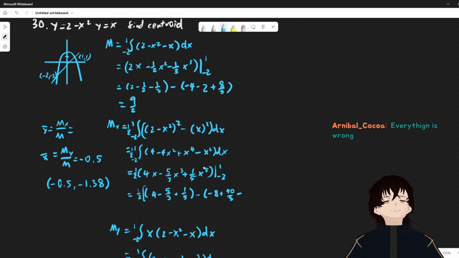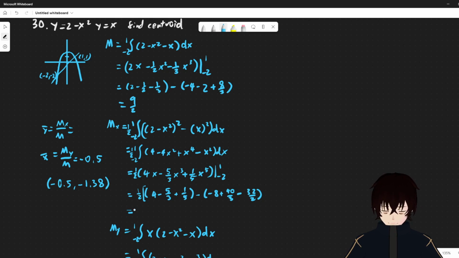Oh, minus odd power. That was a problem all along. A single negative sign was the entire problem. So if we solve it correctly, we get 1.8. And then 0.4.